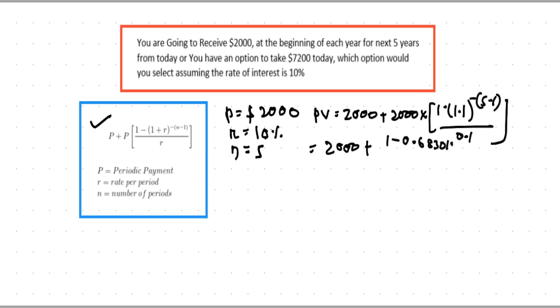divided by 0.1 into 2000, which is equal to 2000 plus 2000 into, this one comes out to 3.169865.